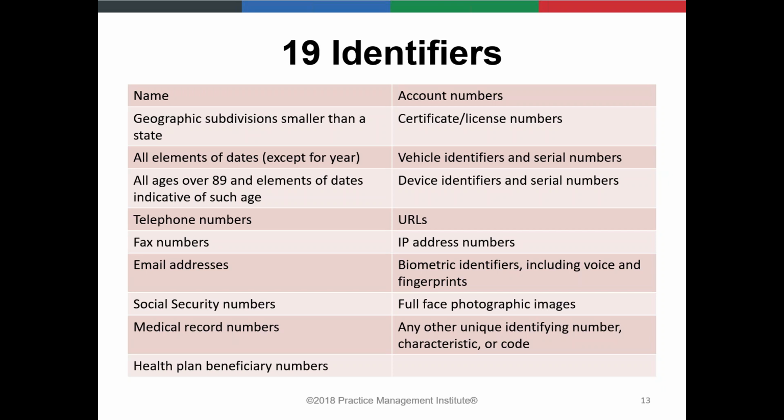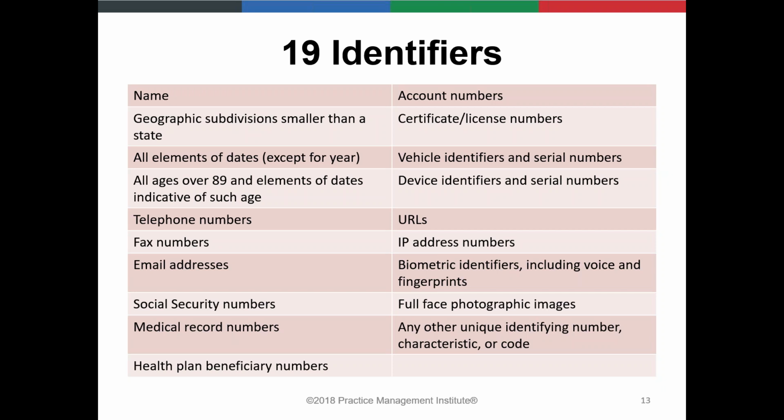So the name of the patient. And notice that it's not the last name, first name, it's the full name. So the patient's full name is considered one of the 19 identifiers. Geographic subdivision smaller than a state, all elements of dates, all ages over 89, and elements of dates indicative of such an age, telephone numbers, fax numbers, email addresses, etc. Medical record numbers mean like a patient account number, okay?